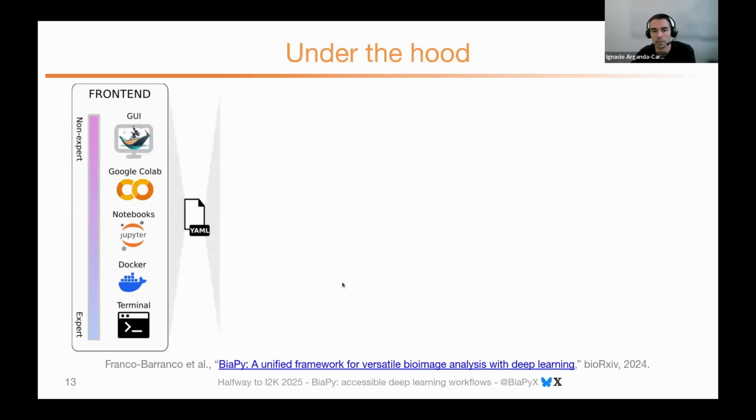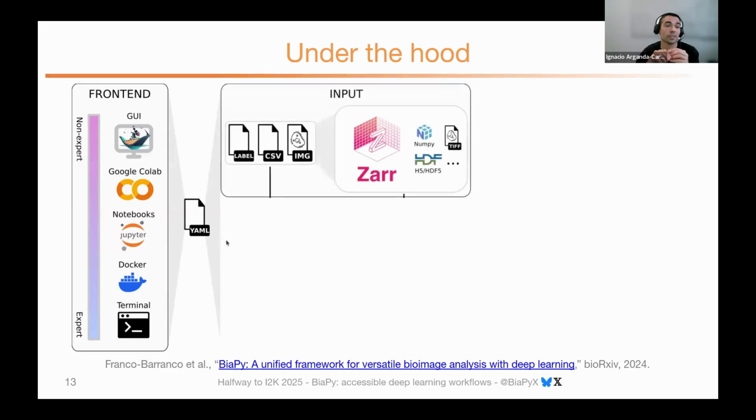So under the hood, whichever your front end is, the full workflow gets stored in a single text file, which is a YAML file, where we store, on the one hand, where the data is, which is very important, and what type of data.